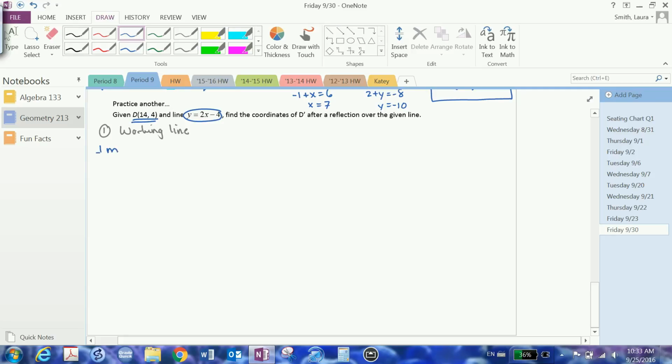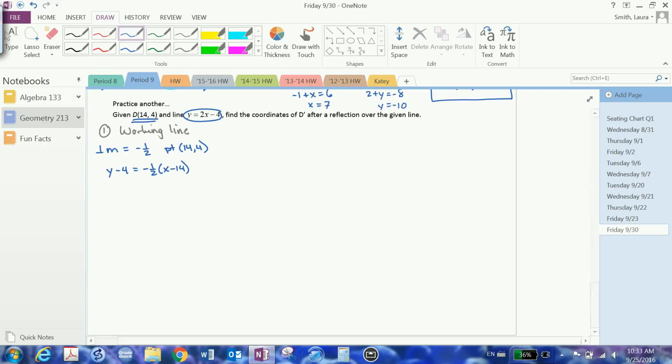So the perpendicular slope is going to be a -1/2, and my point is 14,4. So my equation is going to be y minus 4 equals -1/2 x minus 14.